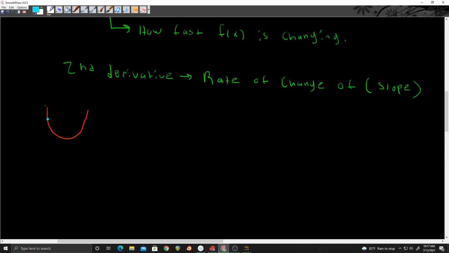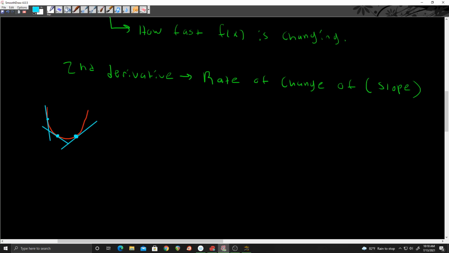So this thing starts out, the slope is extremely negative. And as we keep going from left to right, what is happening to the slope? Is the slope getting more negative? Is it getting more positive? Or is it staying the same? As we can see, going from left to right, this slope is becoming more positive.